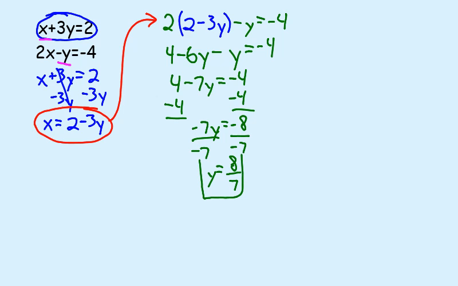Now that I have the answer for y, I need to turn around and substitute that answer back into the equation so that I can find the answer for x.